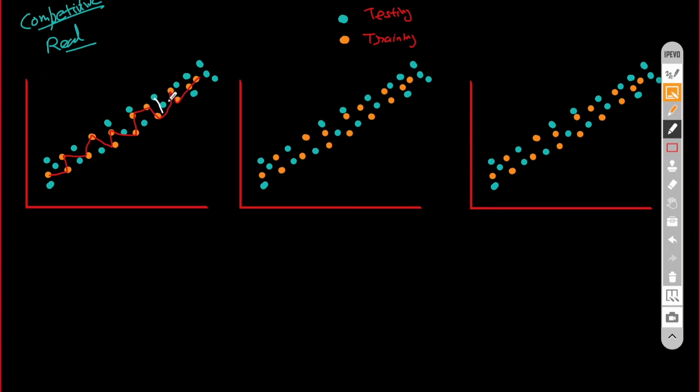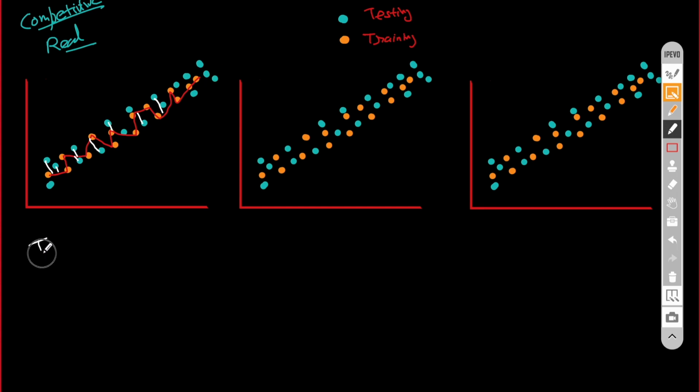If this is your line of prediction, look at the error over here. Do you see that the error will always be increasing for the majority of the points? Do you understand where I'm coming from? They learn the data too much, and because of that they are much away from the testing.